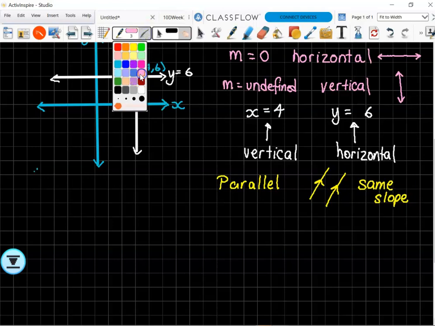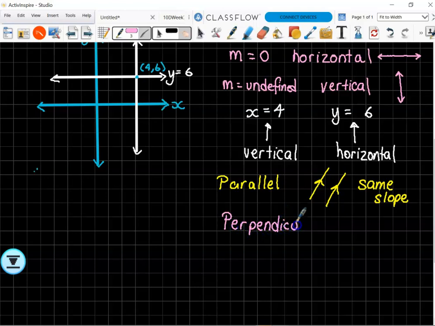Back to perpendicular. What does perpendicular mean? Okay, so we've got this one and the perpendicular one smack bang at a right angle. Now, what can you tell me about their slopes? One obvious thing. Would that one be positive or negative?